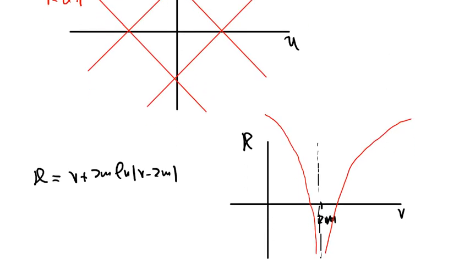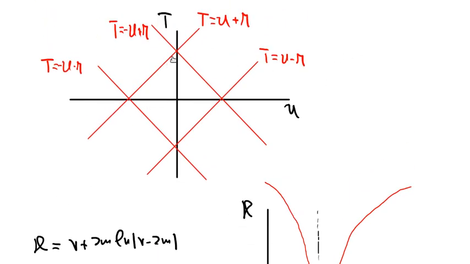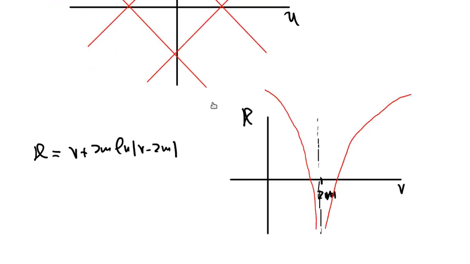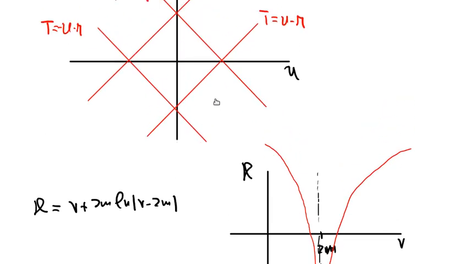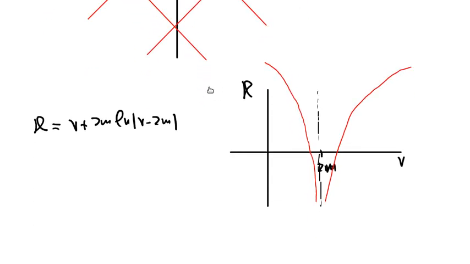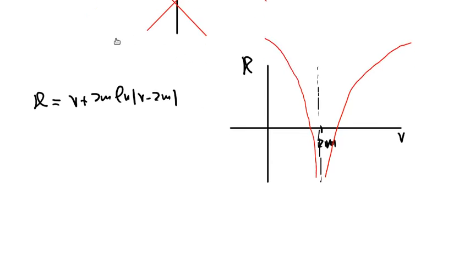So that is one thing. And now we need to find out which regions of our original space-time these lines correspond to. And how do we do that? We do that in a similar fashion as we did with Minkowski, just by computing the following limits.